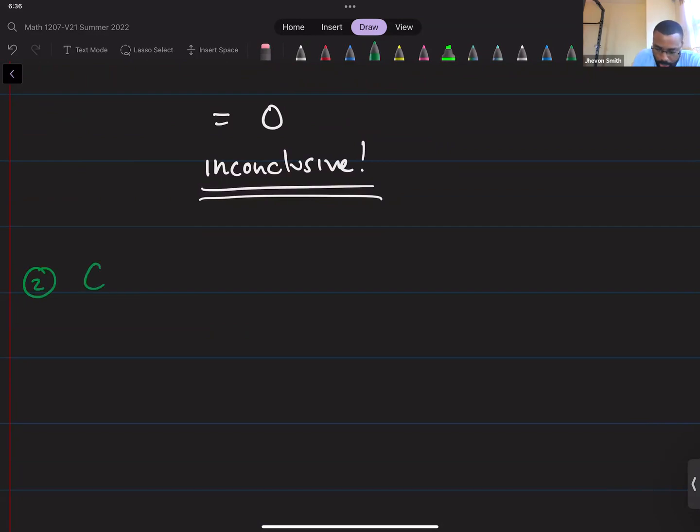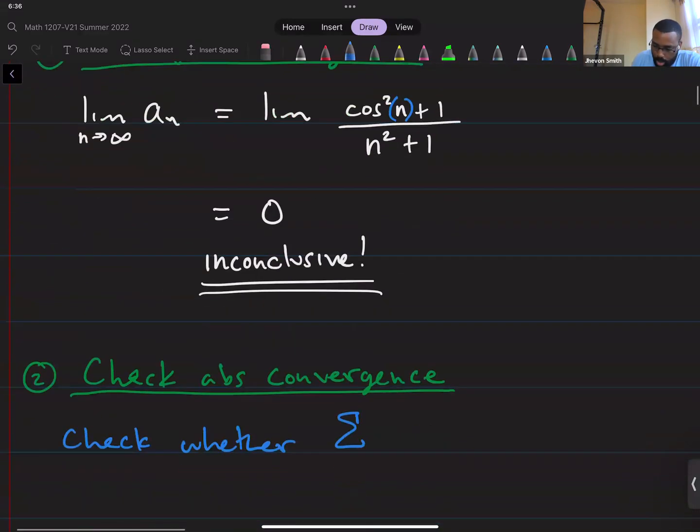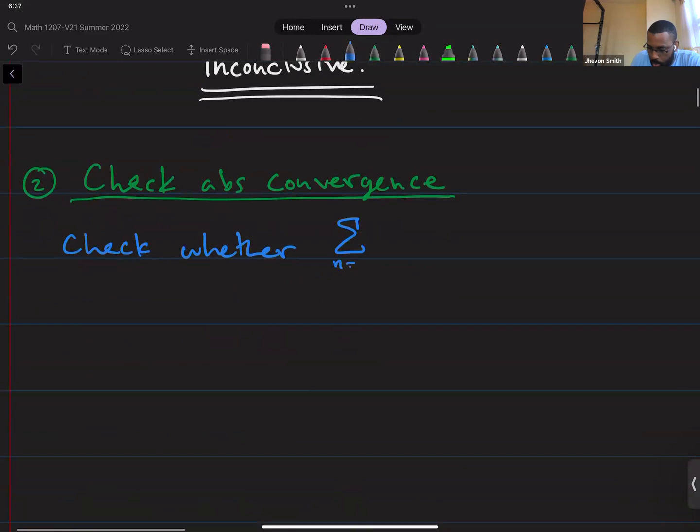And so now what you're going to do is check absolute convergence. Now, what does it mean to check absolute convergence? You are going to check whether this series, n goes from 1 to infinity, you're going to put absolute values around each of the terms.